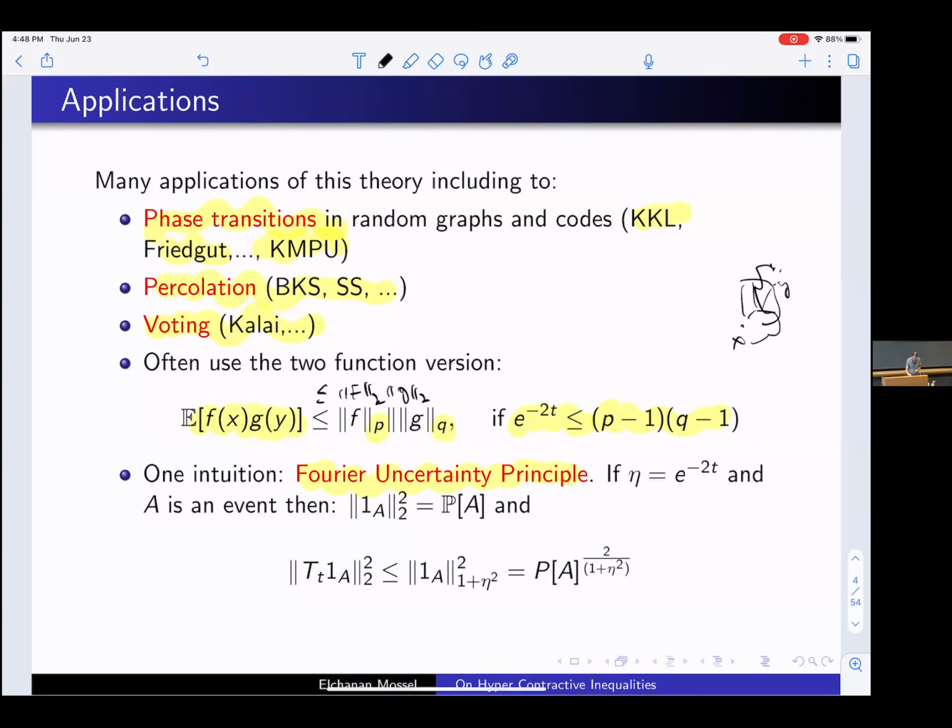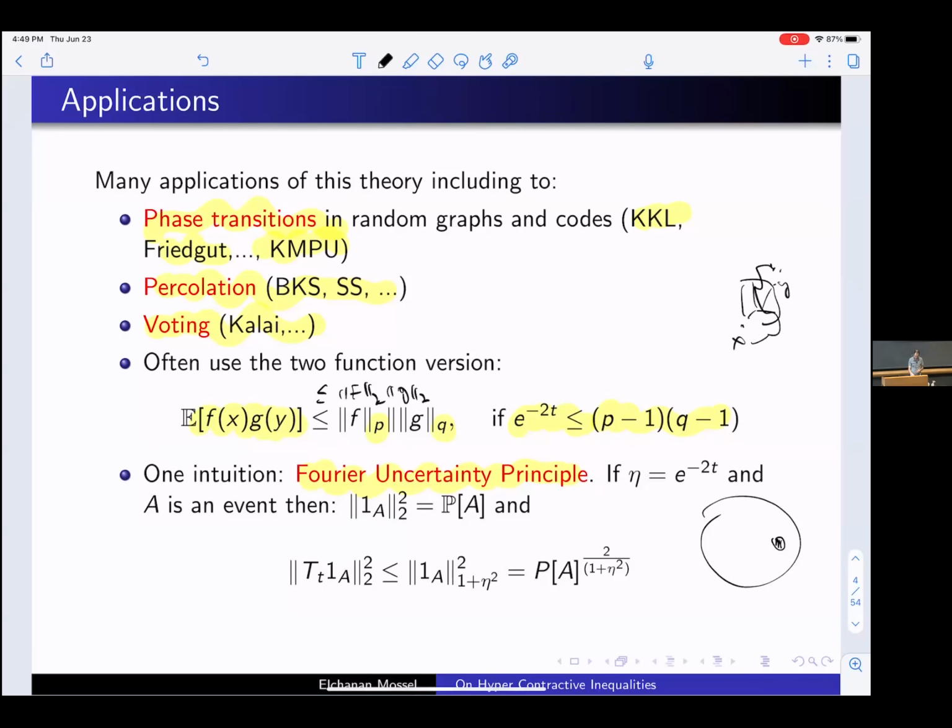The picture that I have in mind is not R^n, but I'm going to draw the picture like this. This is my space, and I'm looking at a tiny set that has a very, very small support. The Fourier uncertainty principle should tell me that if I have a set with small support, something interesting is happening in the Fourier spectrum. Much of the Fourier spectrum should lie on high amplitudes, and you can derive this very quickly from this hypercontractive inequality.